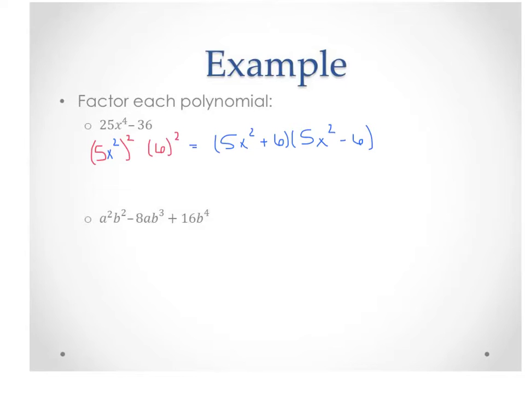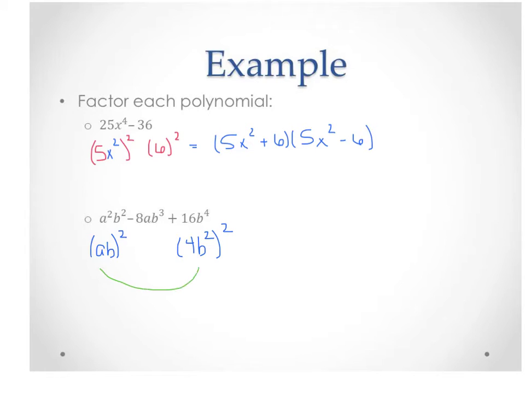Okay, when we look at the second one here, now it's a trinomial, so you're going to try to factor it into 2 binomials, and you know, this a squared b squared, it can be a little tricky, but if we look at it, now this is ab that's being squared, and this is 4b squared that's being squared. And so if the first term and the last term are both something squared, what you need to try to do is see if it's a perfect square trinomial.